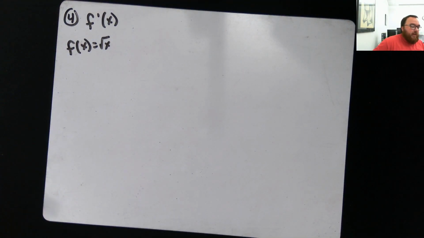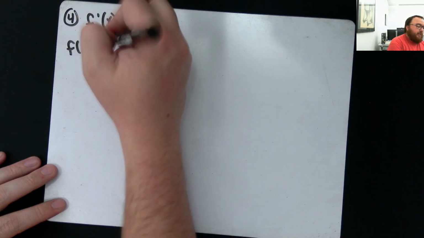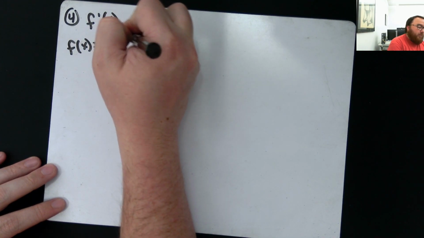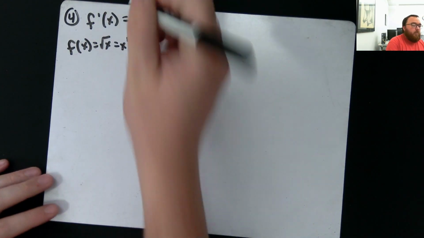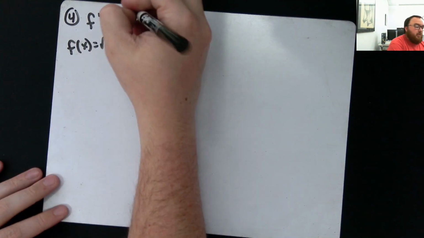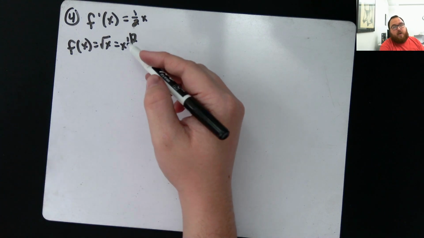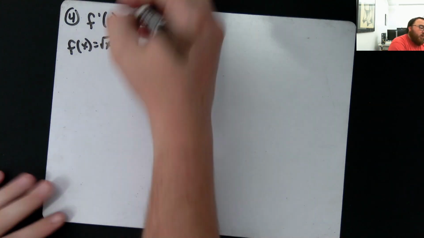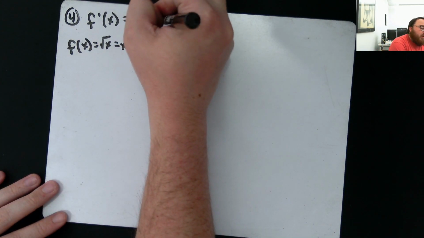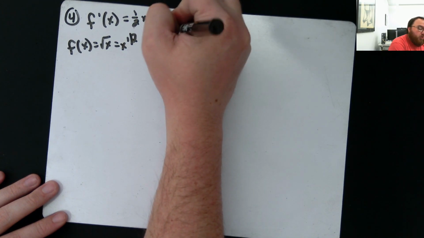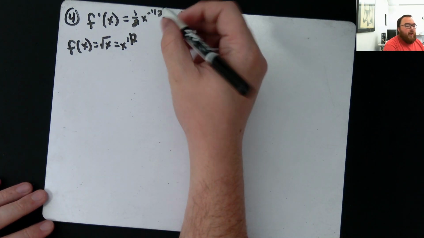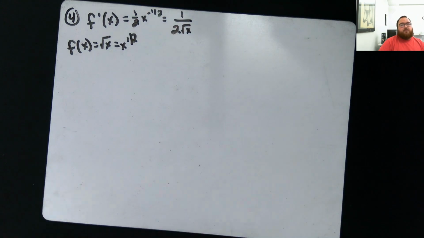And as we learned in Cal 1, since that's like saying x to the 1/2, the derivative, bring the 1/2 down front, x to the power of, decrease it by a 1. 1/2 minus 1 is negative 1/2. So this is 1 over 2, x to the 1/2 is like saying the square root of x. So the derivative of the square root of x is 1 over 2 square root of x.